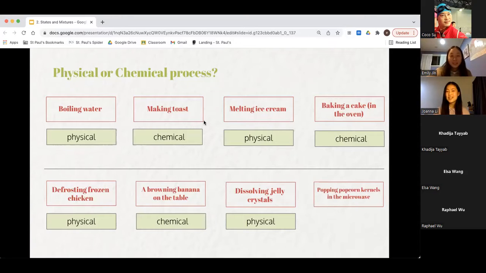Ah, interesting. Good thinking. Anyone else want to explain why they're thinking? Sophie, do you want to explain why you think it's chemical, maybe?